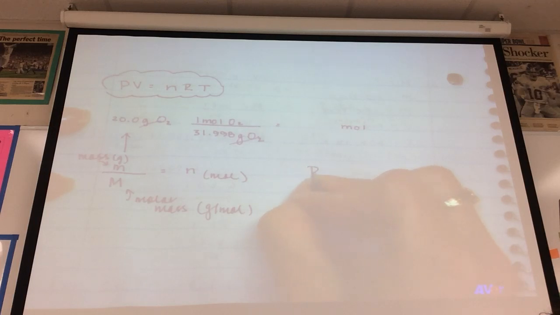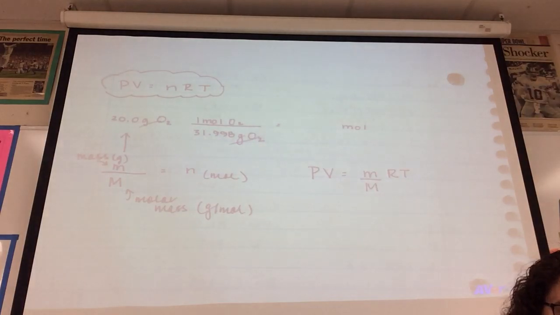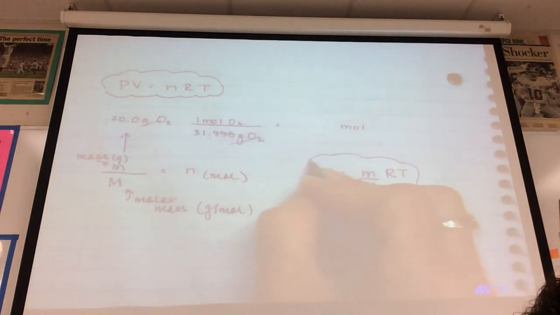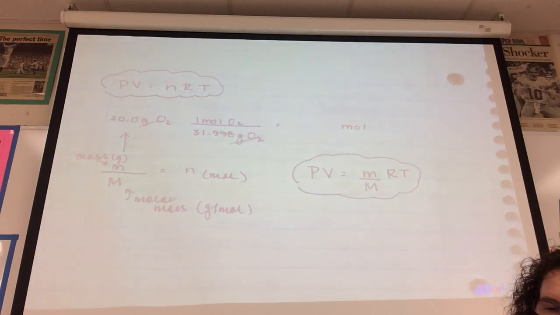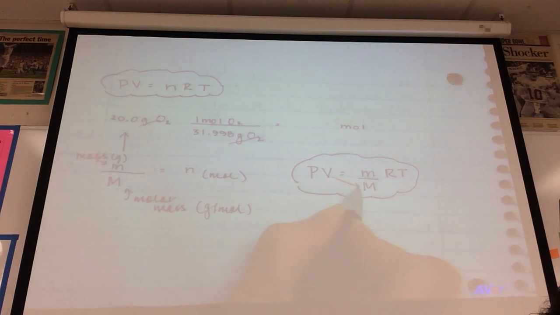So one variation of the ideal gas law is the following. If you interchange these two variables, and we've talked about the fact that you can interchange the numerator on one side of the equation with the denominator on the other, you get PM is equal to mass over volume RT.